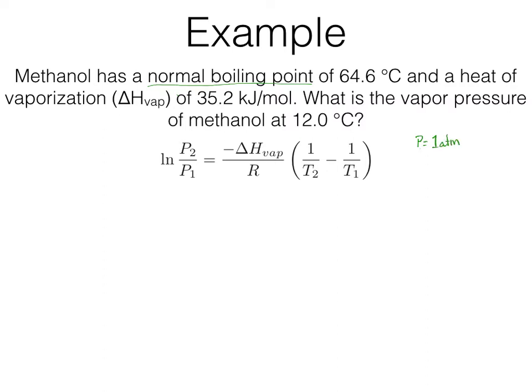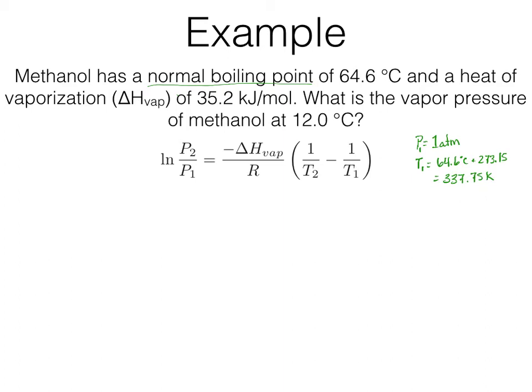So if we call this P1, our pressure is 1 atmosphere, and our boiling point, our T1 at that pressure, is 64.6 degrees Celsius, or if I add 273.15, I get 337.75 Kelvin.